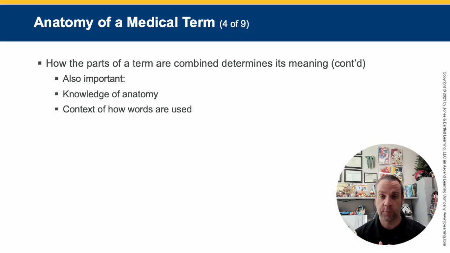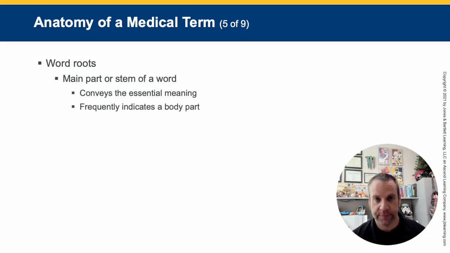We're going to start with the word root, which is really the foundation of every medical term. So this is the fundamental part of medical terms, okay? You can think of it as the backbone, the part that provides the essential meaning. Most often, the word root will refer to a body part, an organ, or a body system.